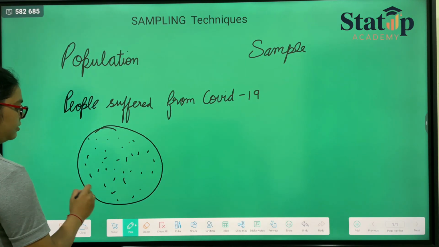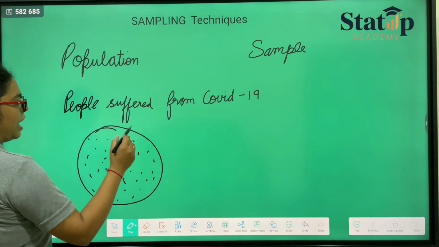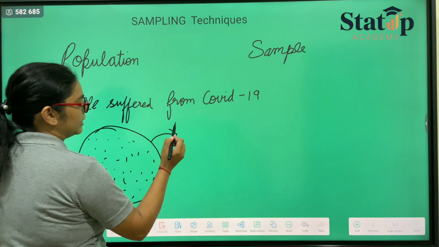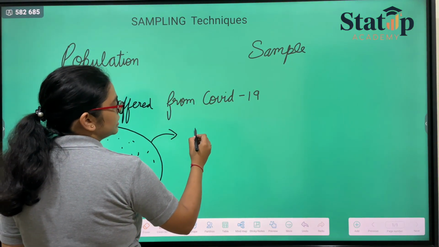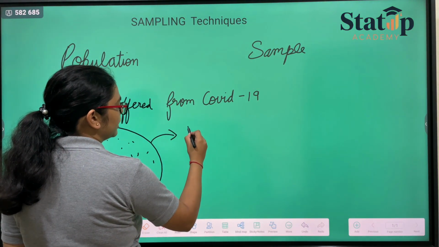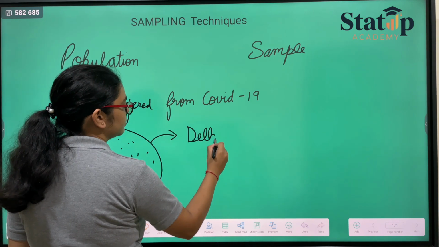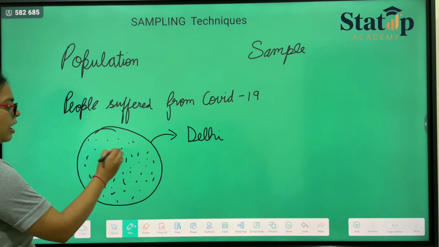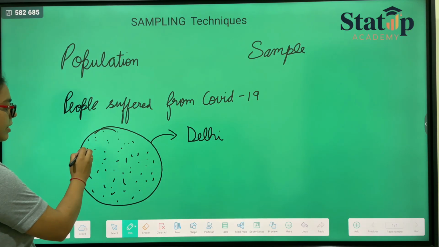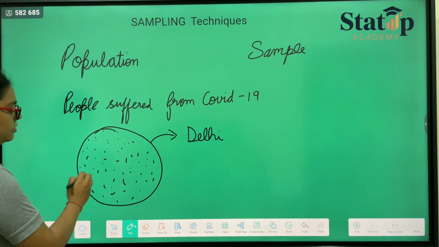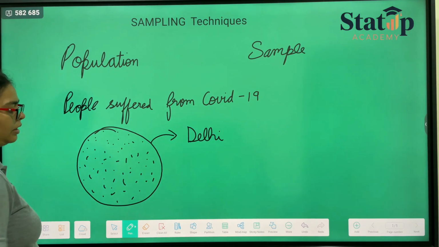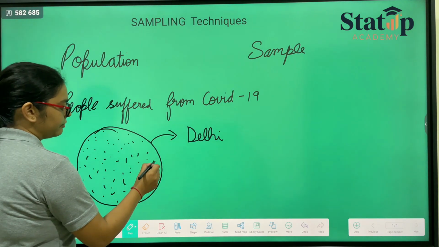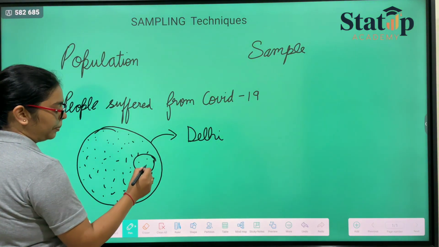These dots define people, and this is the data of a union territory, suppose we say Delhi. This is the data of Delhi. So these many people are suffering, these many people are living in Delhi.